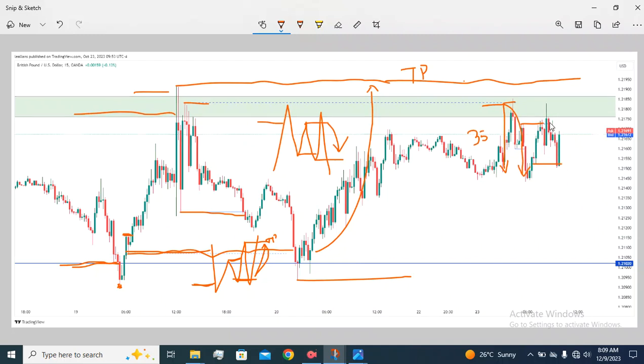Let's imagine it was triggered here at 21,750. 750 minus 550, that's 200. Those are around 20 pips. How much would 20 pips have earned you? Are you trading to catch many pips, or are you trading just to catch few pips?